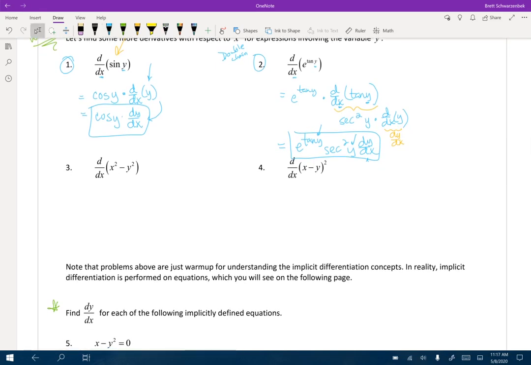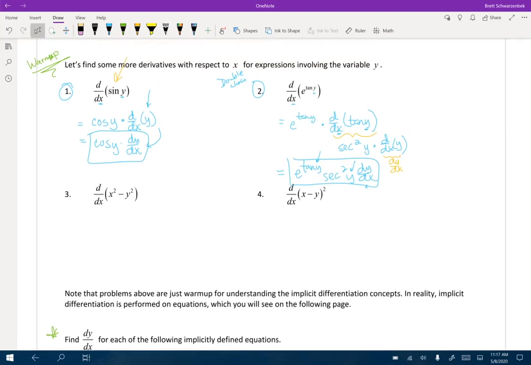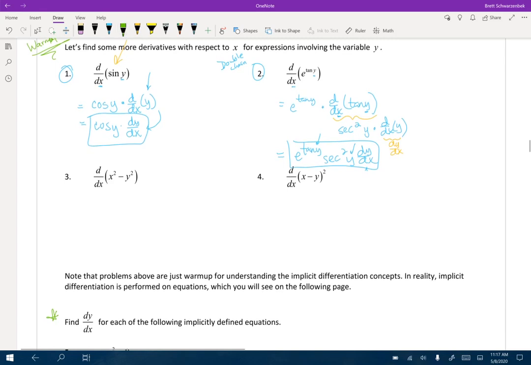Okay, so now that we've found derivatives with respect to x of just functions with y, it is important that we make the jump to functions that have both x and y in them, because that is mostly what you're going to be doing in this section. So number 3 says: find the derivative with respect to x of x squared minus y squared. Interesting result here.